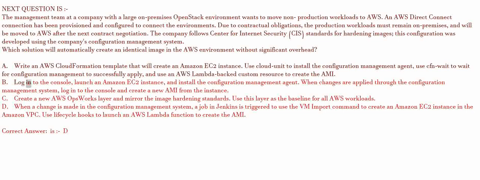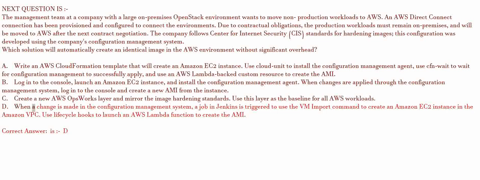B. Log into the console, launch an Amazon EC2 instance, and install the configuration management agent. When changes are applied through the configuration management system, log into the console and create a new AMI from the instance.